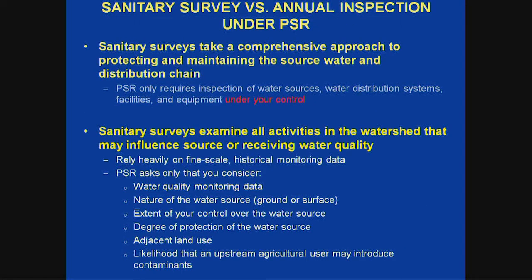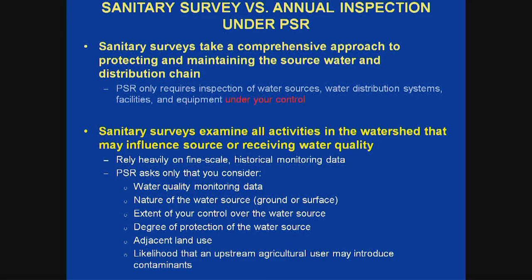So, how are they different than the annual inspection that you are now being asked to do? Well, sanitary surveys take a comprehensive approach to protecting and maintaining the source water and the distribution chain. In fact, for drinking water, they even recommend that the municipal water districts or the water purveyors either buy the land where the water's coming from to protect it from pollution, or make agreements with landowners if they can't buy the land.